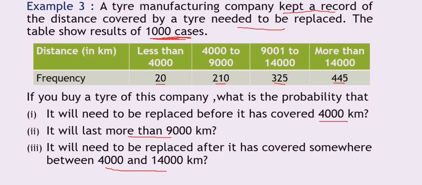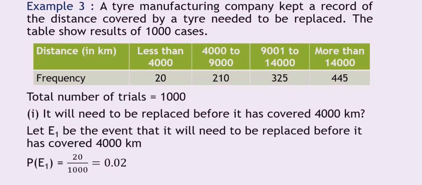But that data is not mentioned here. They have only collected the data of when the tire needs to be changed after covering how many kilometers. So just based on this data, that is why it is called the experimental approach to probability. Based on these trials or experiments, we are finding the probability. So let us see the cases now one by one.